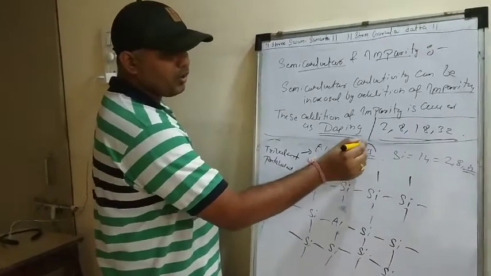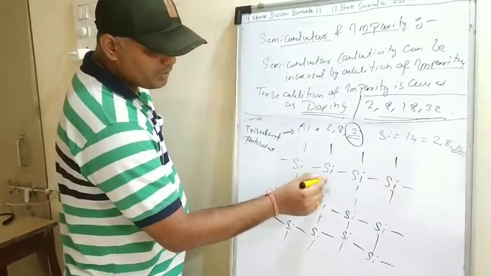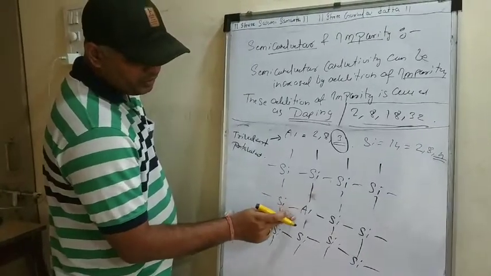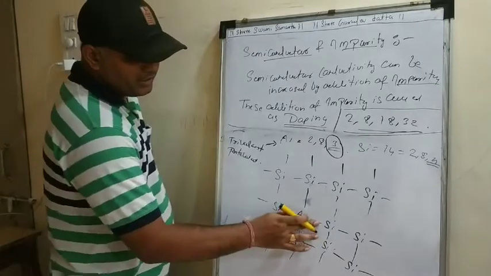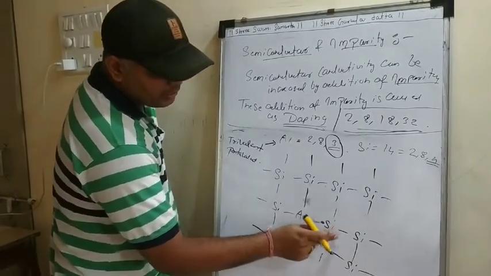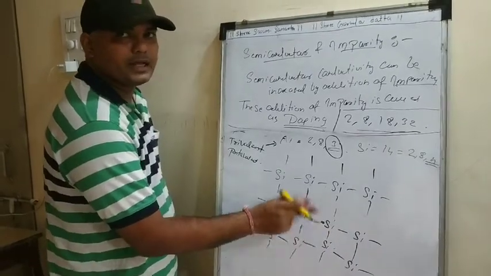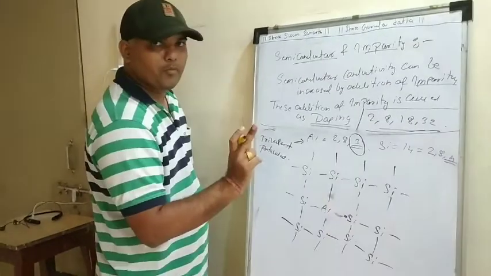Aluminium contains only 3 electrons in its outermost shell, right? So how many bonds will be formed? 1, 2, 3, and the 4th bond will not be formed. See, this electron will be of silicon, 1, 2, 3, and silicon has 1 extra electron, so it will remain in the system here. It will not form a bond.